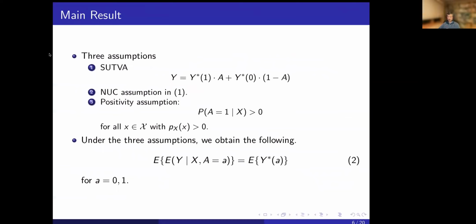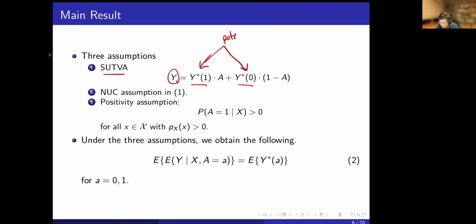To do anything with the observational data, we need three assumptions. One is the SUTVA assumption. The SUTVA assumption basically means that our observation is a function of the counterfactual. So this is a potential outcome, right?